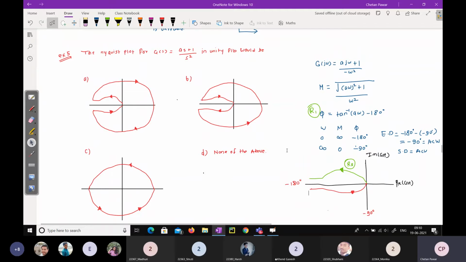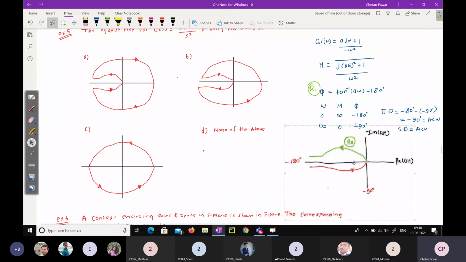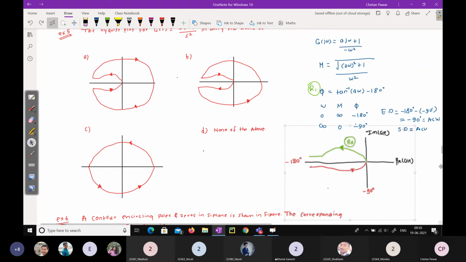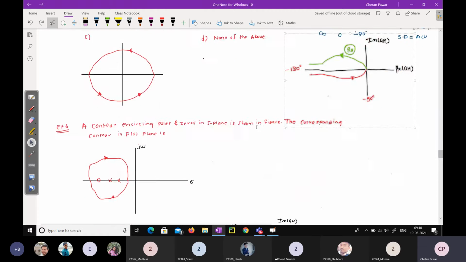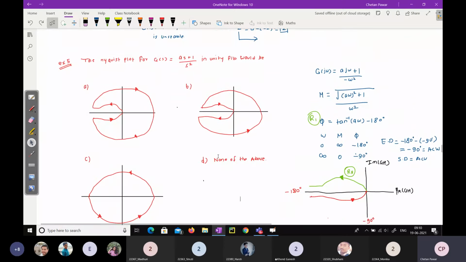Tell me the number of poles at the origin. Are you listening? Am I audible correctly? Yes, sir. So there are two poles at origin.